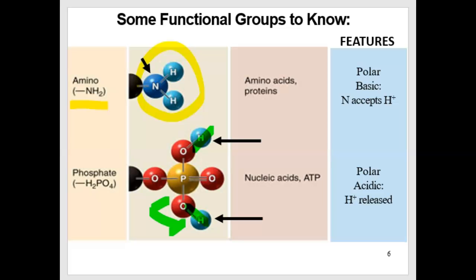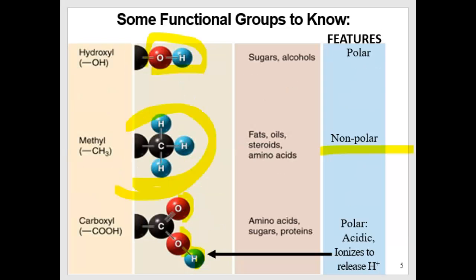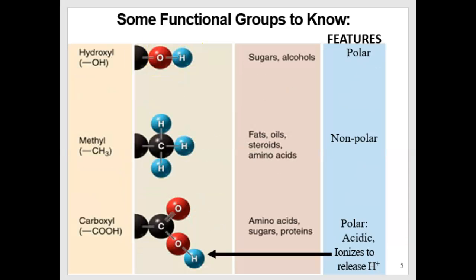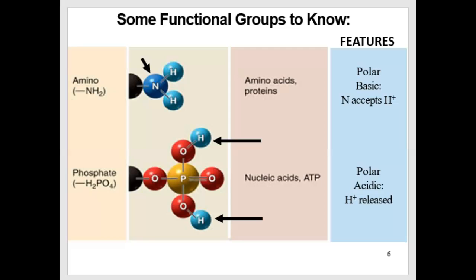So those oxygens make anything that has a phosphate group polar or hydrophilic. The place that we find these will be in nucleic acids primarily. We may see one at some point on an amino acid in a protein, but usually it doesn't change any characteristic because an amino acid is already polar anyway.